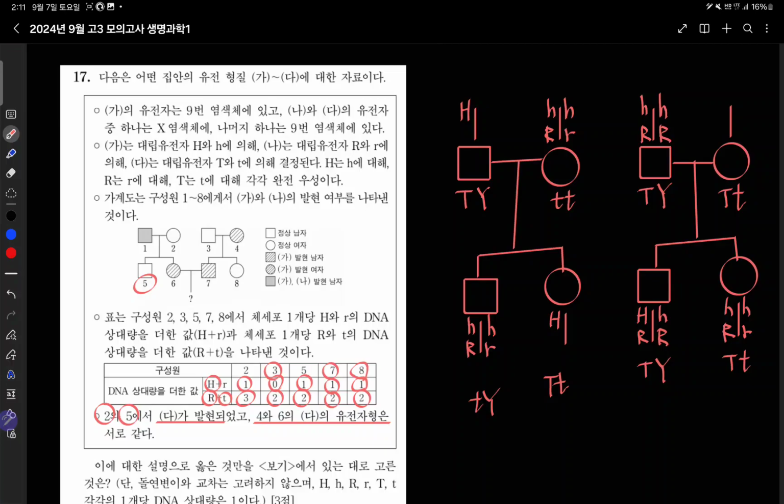And because individual number 1 expressed the second trait, he needs to be homozygous recessive for the second trait. That means individual number 6 should have this lowercase h and capital R chromosome, the chromosome with this allele, from her mother.